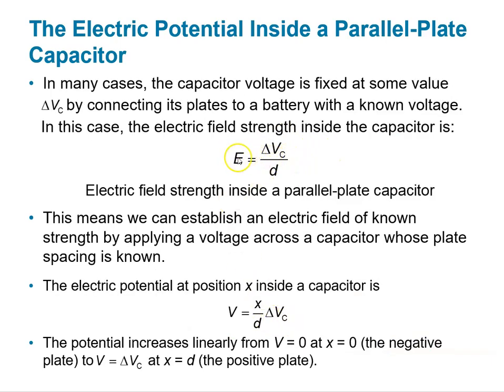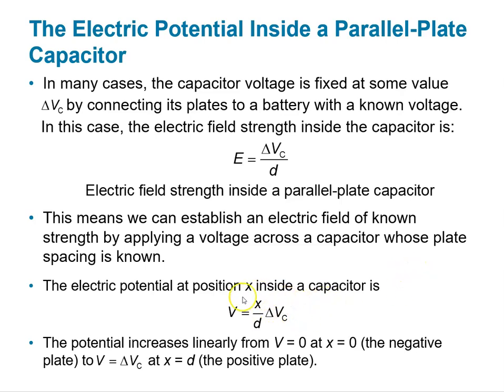If you know the electric field and you know the separation between the plates, you can use that to get the potential of a parallel plate capacitor. The maximum potential would be when you go from one plate to the other.